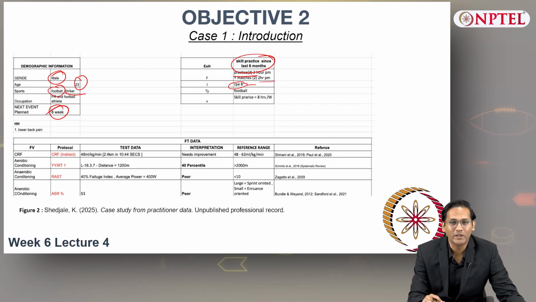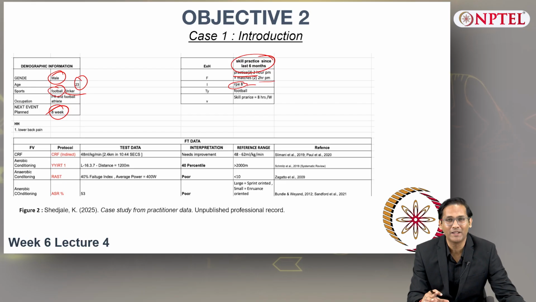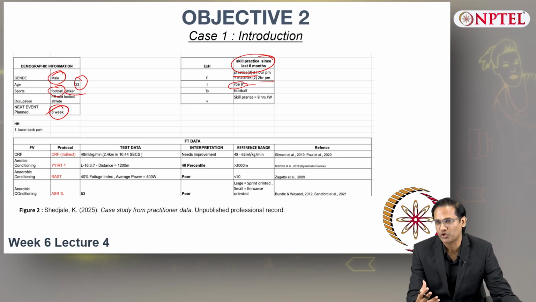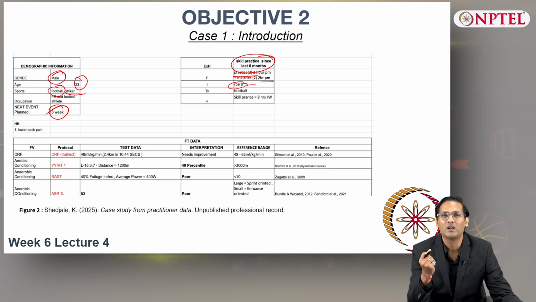Now, what is the fitness level of this exerciser? The main purpose here is you identify what is the weak fitness, what is the strong fitness. You as a practitioner, you as a fitness coach, or you as a simply athlete or an exerciser, you always aim to improve a particular fitness ability or improve the sporting ability. If that is the aim, you start by identifying what is weak.